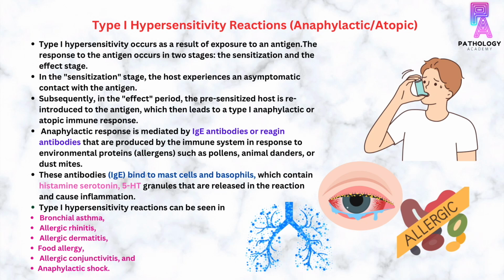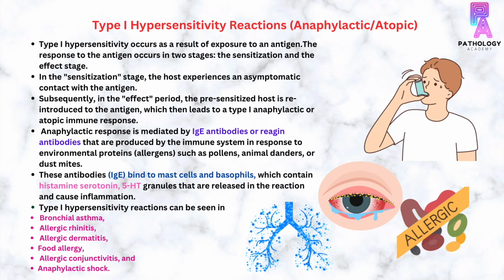They are produced by the immune system in response to environmental allergens such as pollens, animal danders, or dust mites. These IgE antibodies bind to the mast cells and the basophils, which contain histamine, serotonin, and 5-hydroxytryptamine granules, which are then released in the reaction, and these cause inflammation.